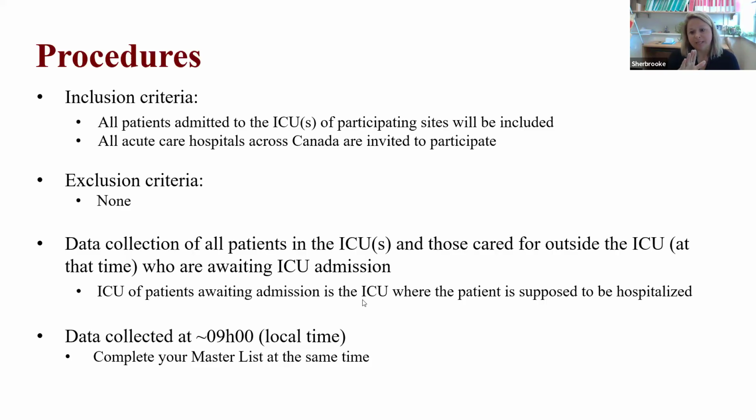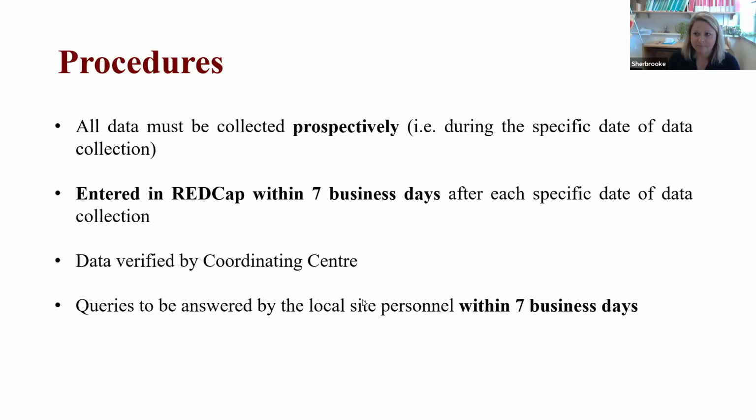Once you have listed all the patients, then you will start data collection. But it must be done on December 9 at 9 a.m. It's like a screenshot of the list of patients that are in your ICU at this specific time point.